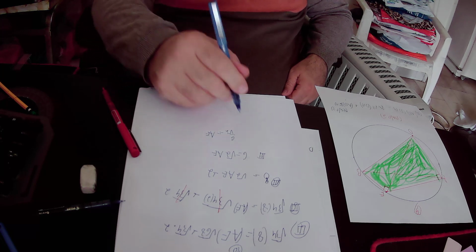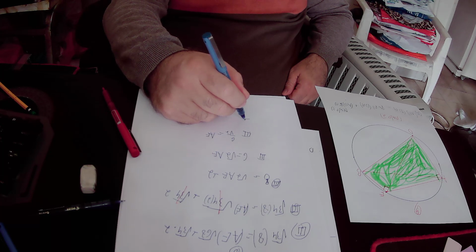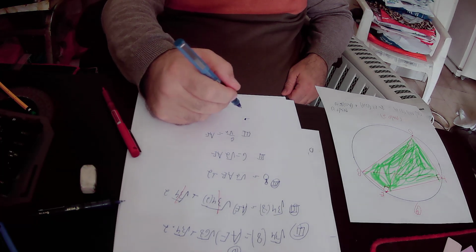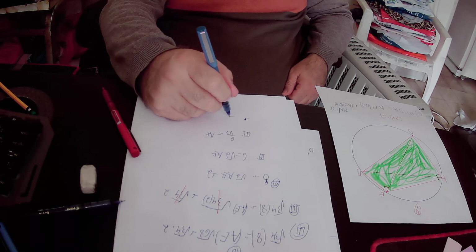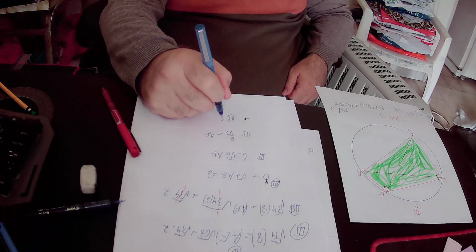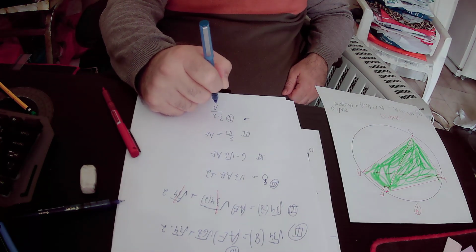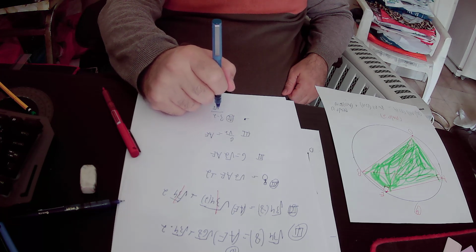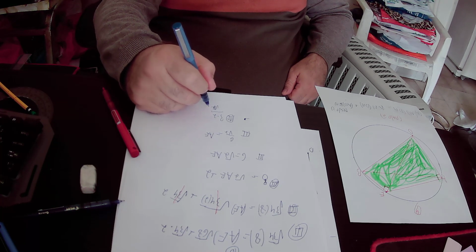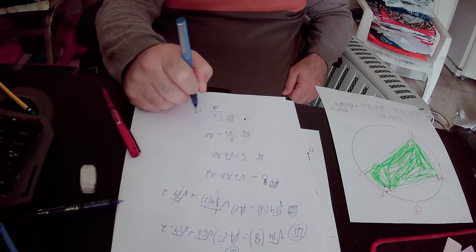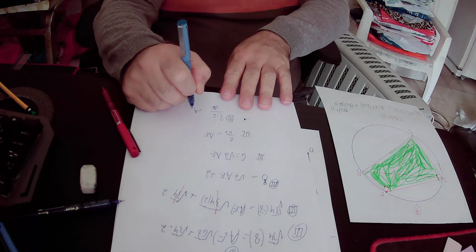We know that 6 equals 3 times 2, so AE equals 3 times 2 over square root of 2.